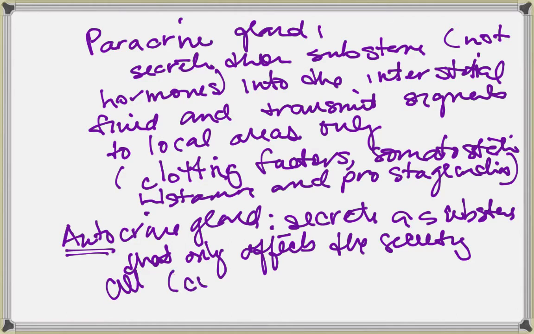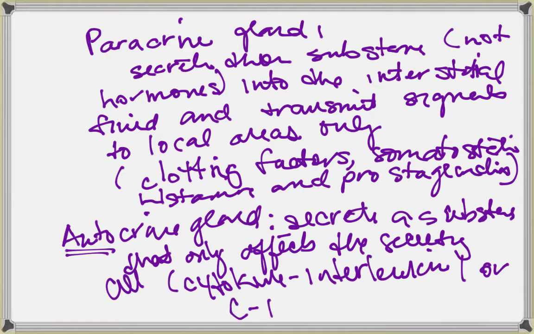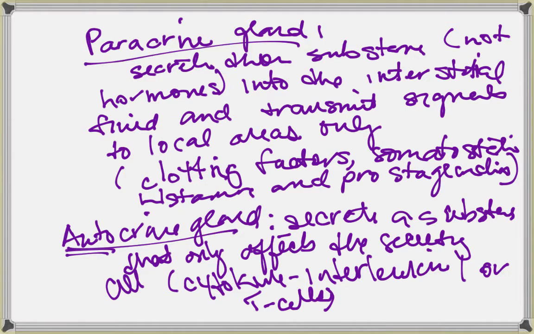And so these, which we'll talk about a little bit later, are things like cytokine, interleukin-1, or things like T cells. So paracrine and autocrine are other types of glands outside of the endocrine system glands that we're going to focus on.